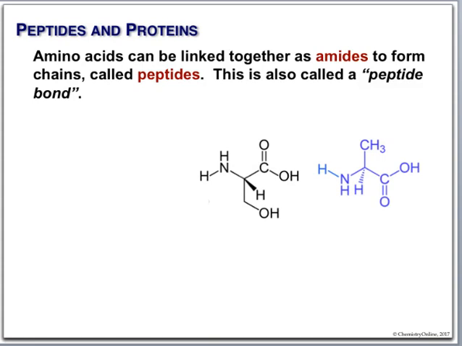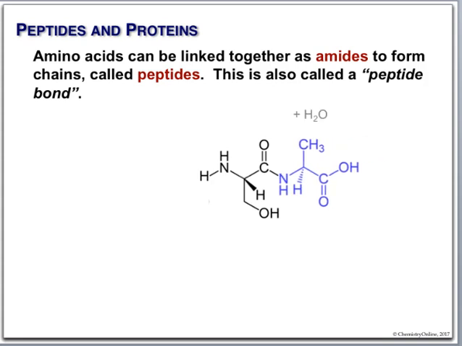We're going to do that by eliminating water. We're going to remove 2 H's and 1 oxygen, and make a bond between the nitrogen and our carbonyl. This is what's called an amide link, also called a peptide bond by biologists, but it's an amide, and here's the water we split out.